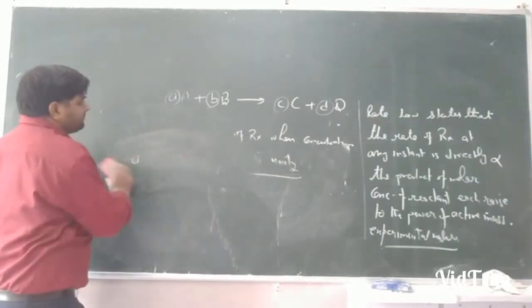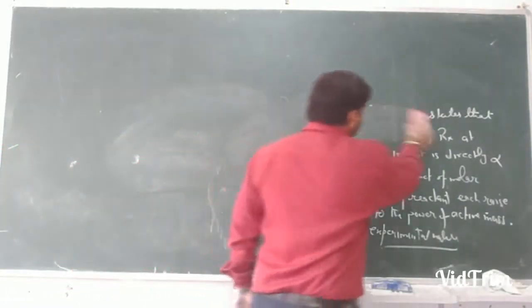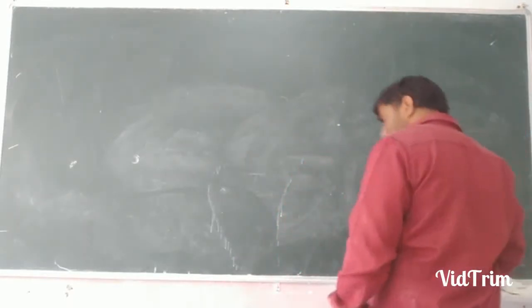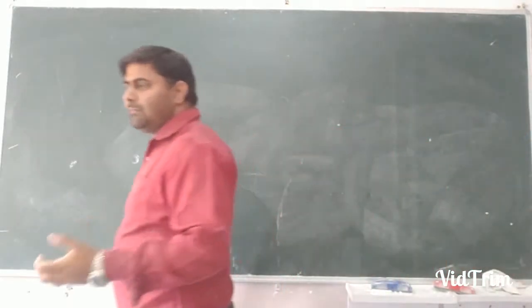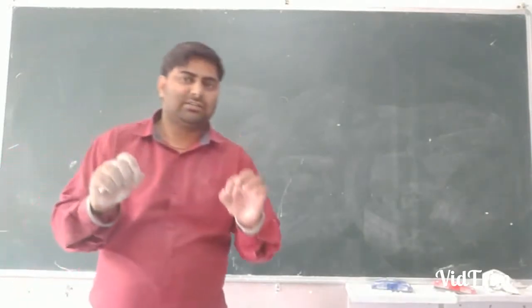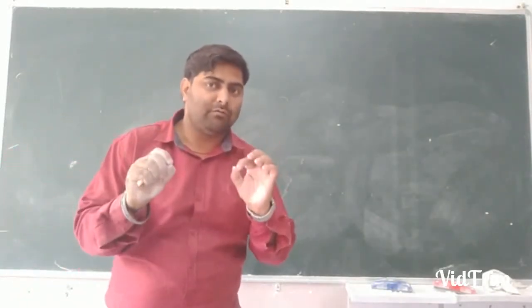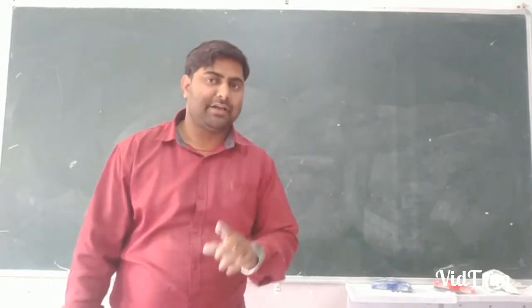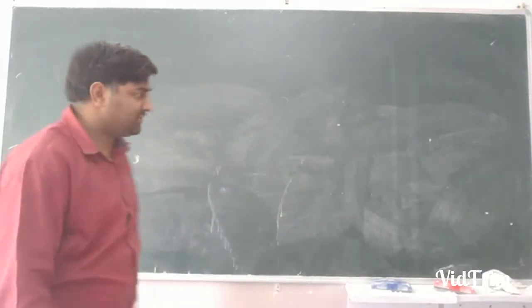Now, order of a reaction. What is the meaning of order? The order of a reaction is the sum of the powers of the concentration terms expressed in the rate law expression.